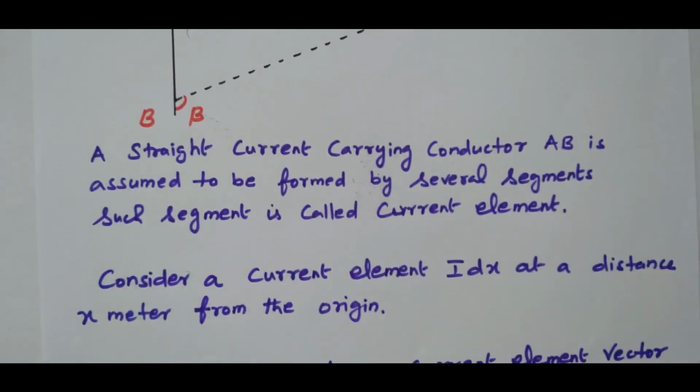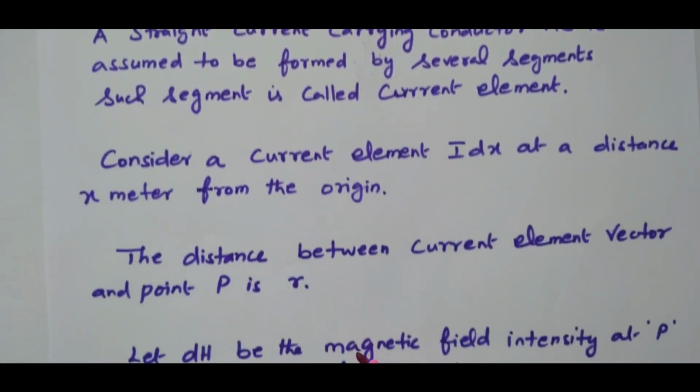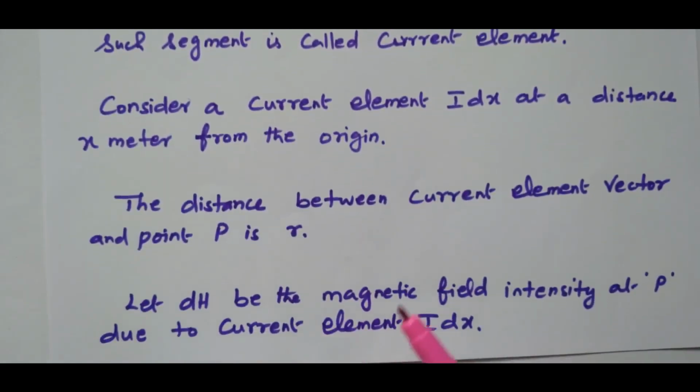A straight current carrying conductor AB is assumed to be formed by several segments. Such a segment is called a current element. There are n number of segments available, and each segment is a current element. In that we consider one current element Idx at a distance x meter from the origin. The distance between this current element and point P is r meter.